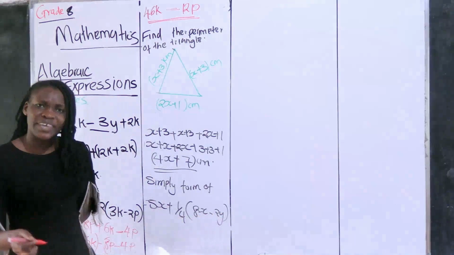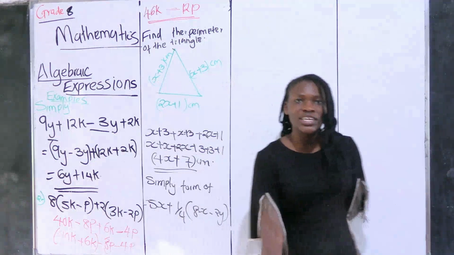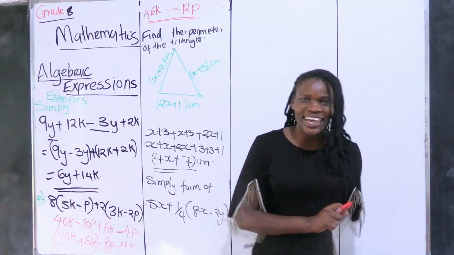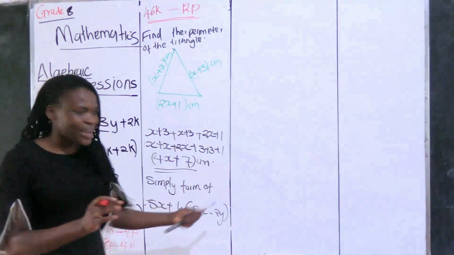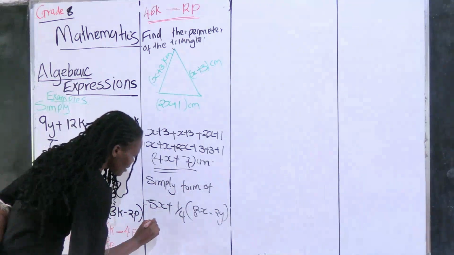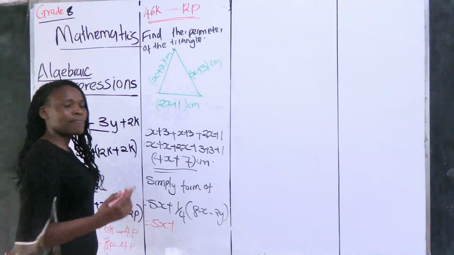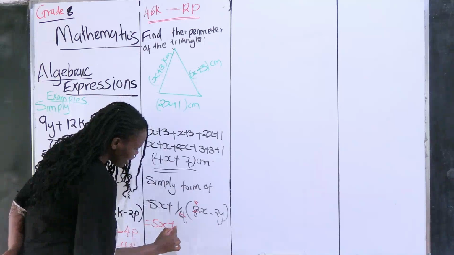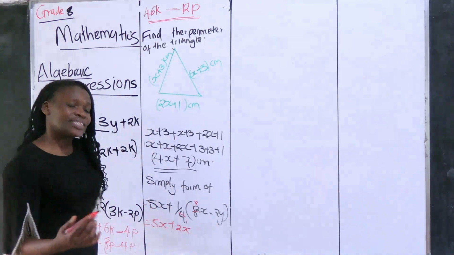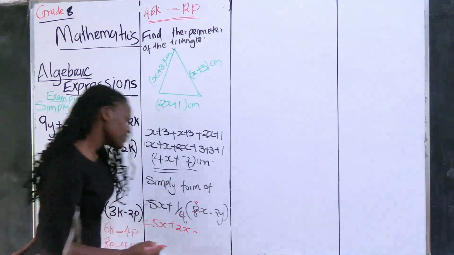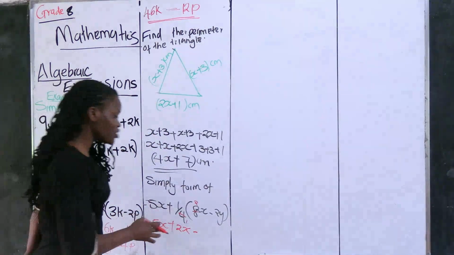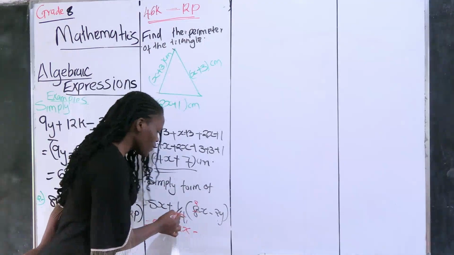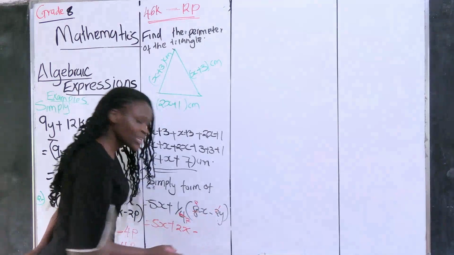If you are given a question and you see that the question has a bracket, first open the bracket to eliminate it. So we are going to have 5x plus a quarter multiplied by 8x, which will give me 2x, minus a quarter multiplied by 2y. When you are opening the bracket, you open with everything. 2 goes into 2 once, 2 goes into 4 two times, it will give me a half.